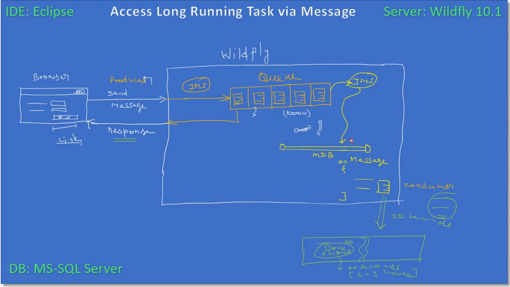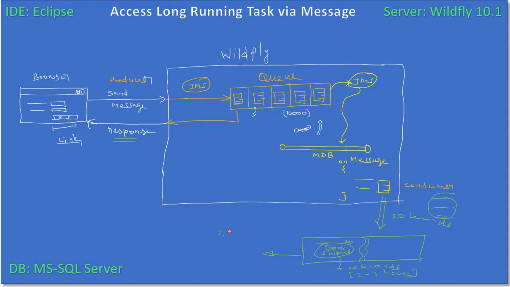But internally, JMS through the on message handler picks the message, then parses the message and makes a call to the stateless session bean, which has a method book shipment, and that takes more time. Alright, so once the processing is done here, book shipment will communicate by different means.